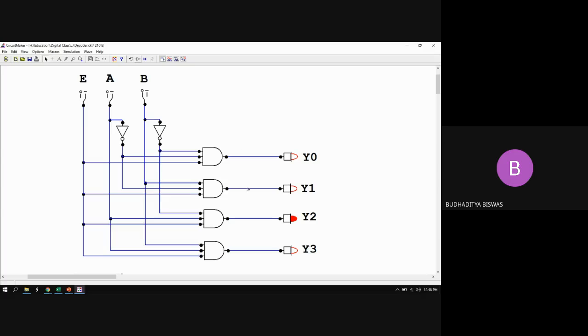But using a decoder, if you see that Y2 is high, then without checking the A and B values, you can say that the combination is A equals 1, B equals 0. So the decoder is decoding the information present in the input combinations and produces a particular output high. Just by checking the output, the user or any other circuit can have an idea of what the input combination is.